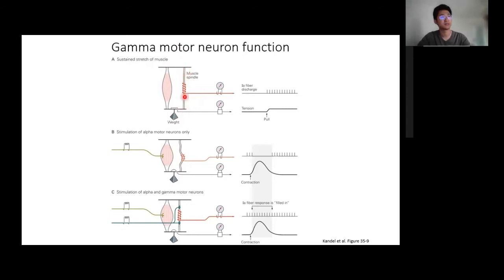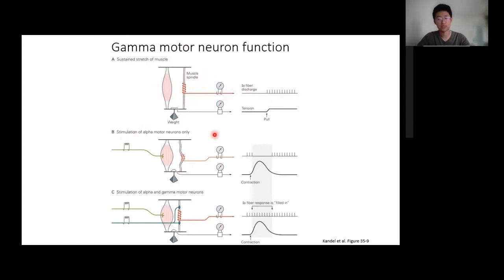And then it becomes tight, so the muscle spindle gives out a sensory signal. By the way, this sensory axon is called a 1A fiber, or 1A axon. It senses the length change of the muscle fibers, which is the same as the length change of the muscle. So in this case, the sensory signal gives information reporting the muscle length.